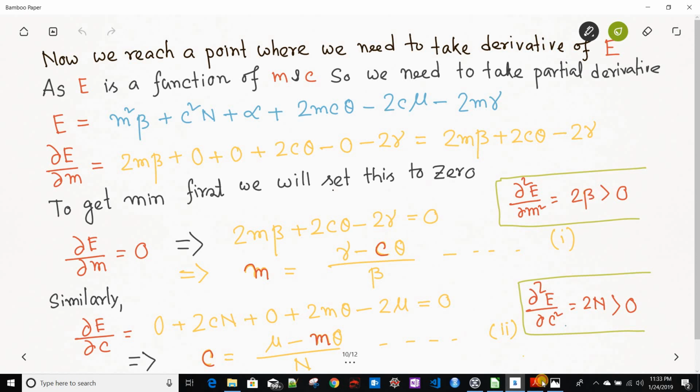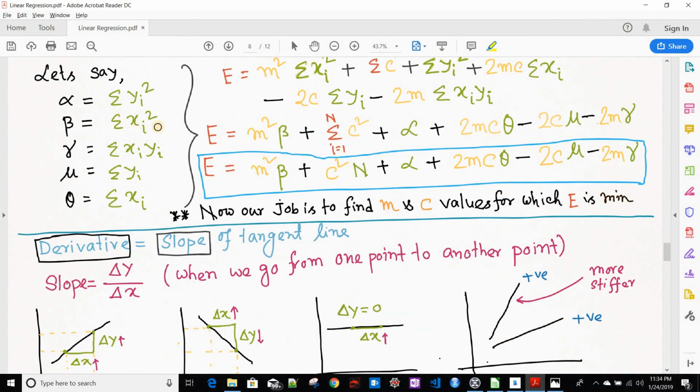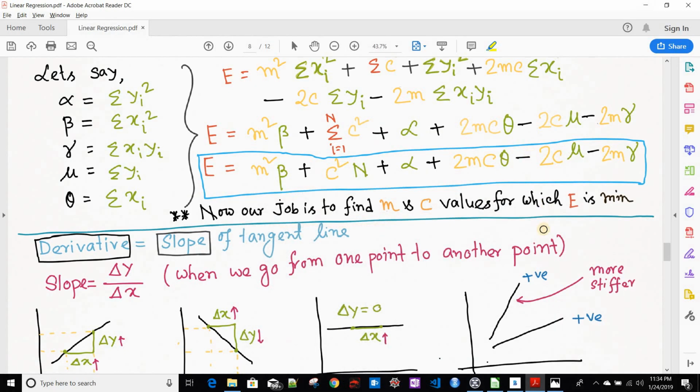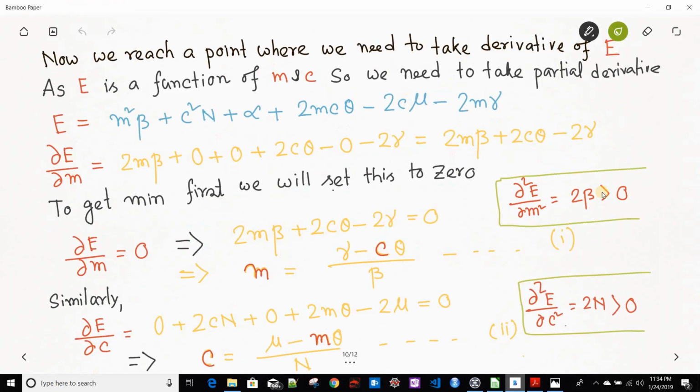As beta is the summation of xi square, that means a positive value. Xi means each and every data point in my data file, correct? So it is a positive value, that's why it is greater than 0. That means we are dealing with a minimum. So from m we got a green signal.